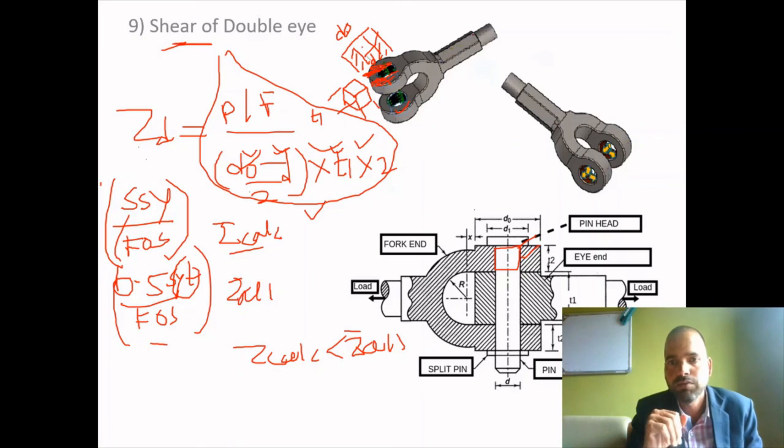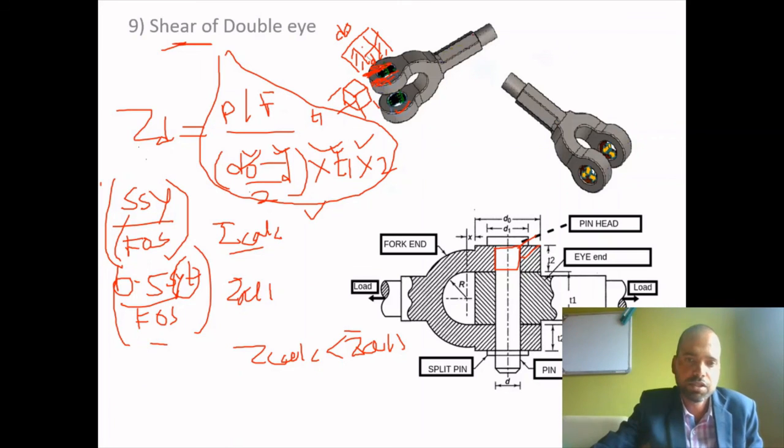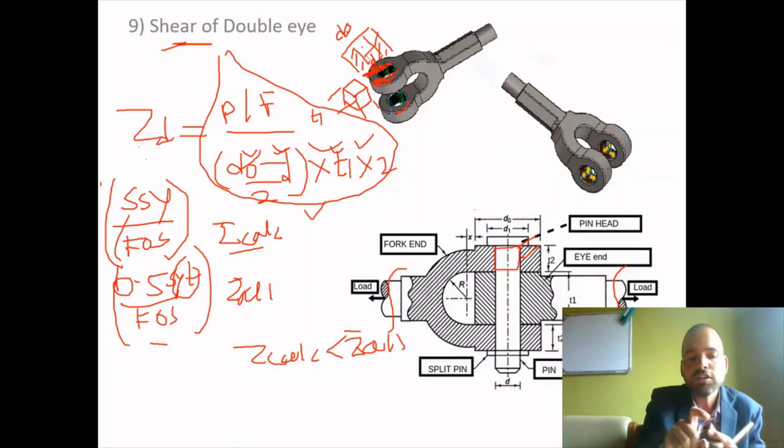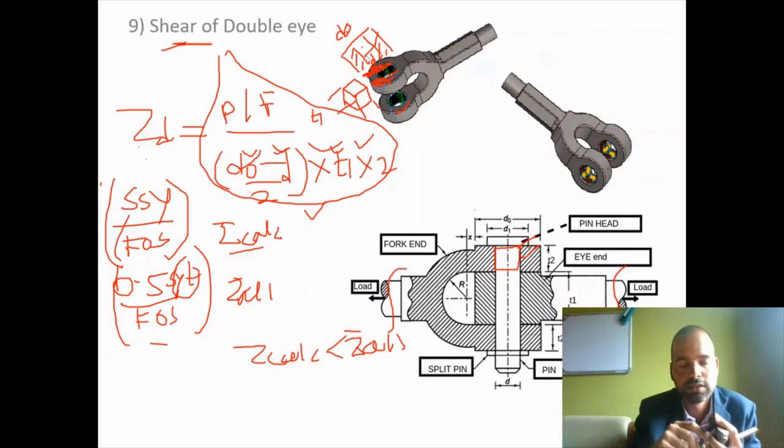So as of now we have discussed 9 different equations, which concludes the design of the knuckle joint. We first considered tensile failure of the rod of single eye and double eye. Then at the central pin, for the single eye we considered 3 failures, and for the double eye also 3 failures.